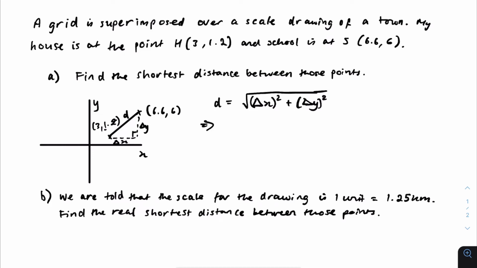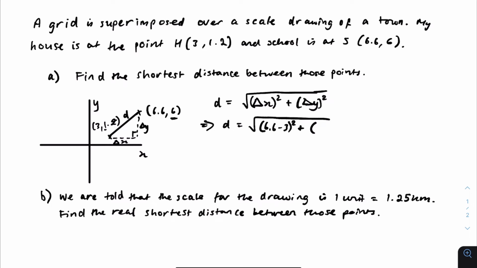So now we just need to find the changes. So the square root of the change in x, so it's 6.6, which is the x coordinate over here, minus 3, 6.6 minus 3, all squared, plus the change in y, which is 6 minus 1.2.